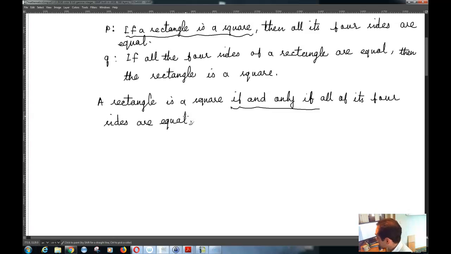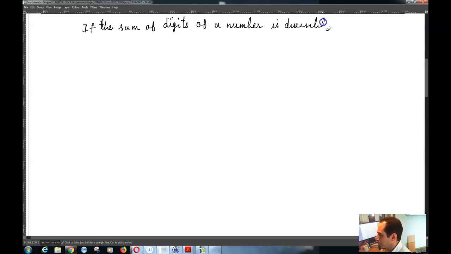Or suppose that you have, for example, if the sum of digits of a number is divisible by 3, then the number is divisible by 3.